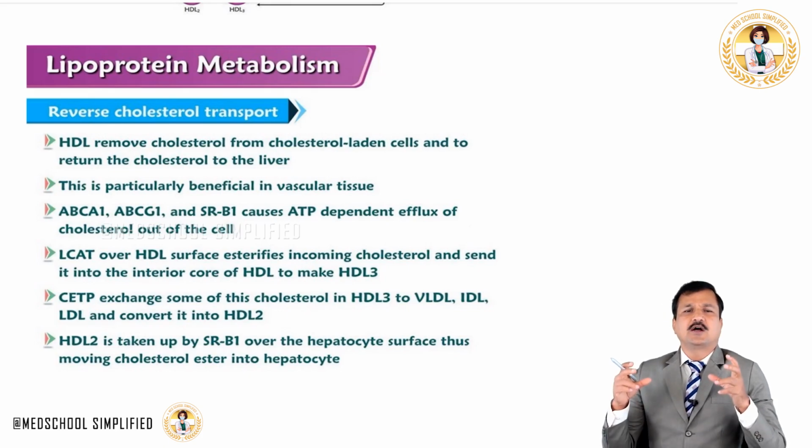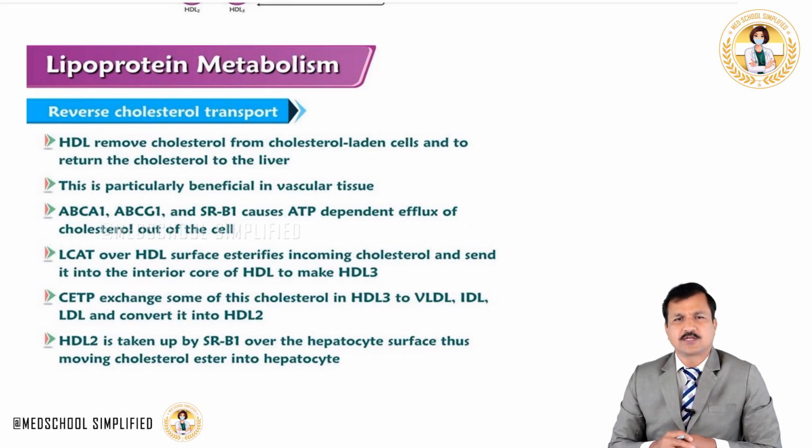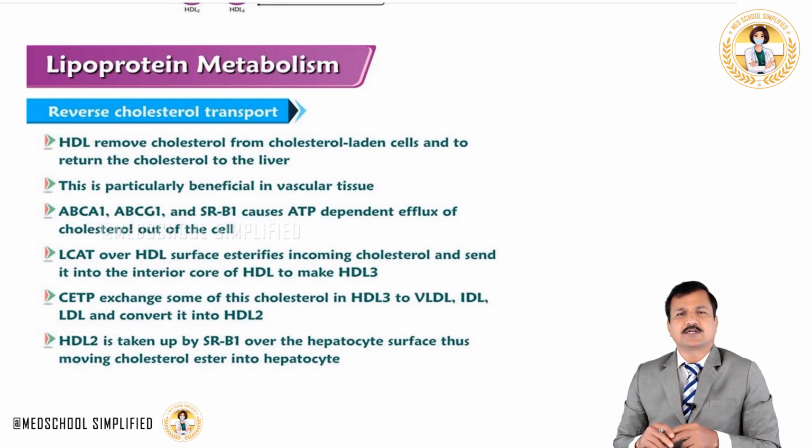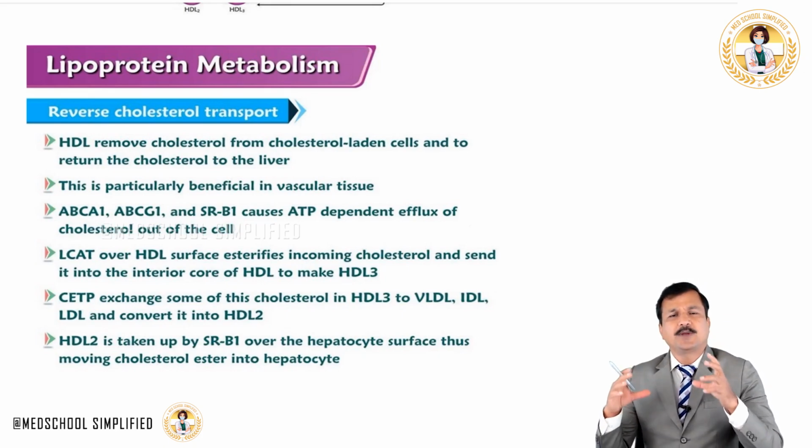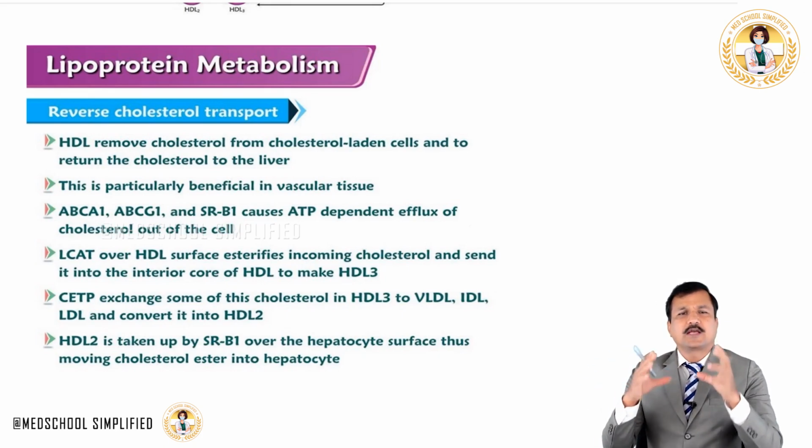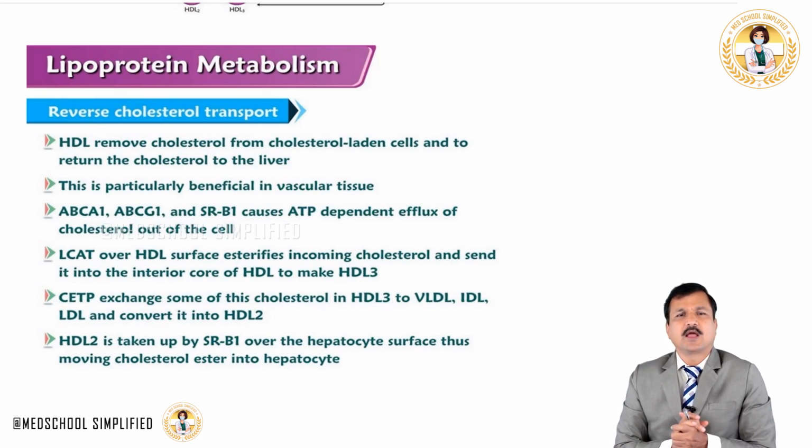Now there is a category of transporters, the ATP binding cassette transporters, which help in pumping excess cholesterol to the HDL molecule, to convert that into cholesterol ester and transport it back to the liver.